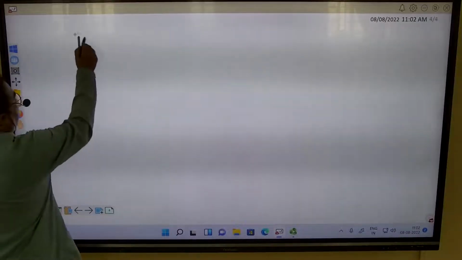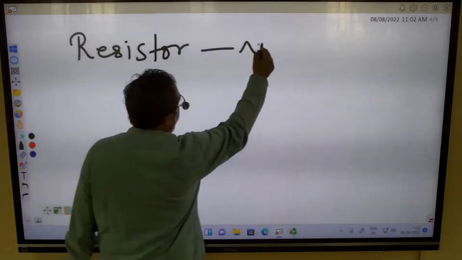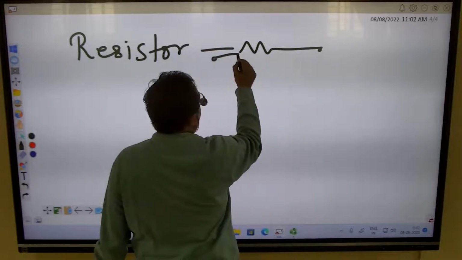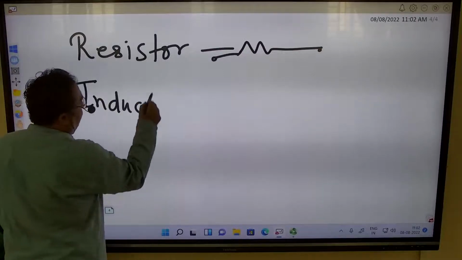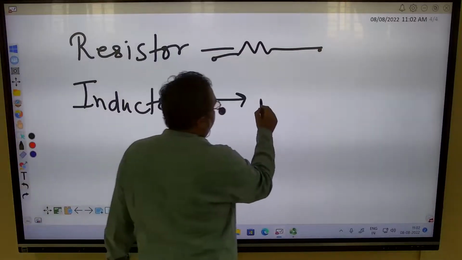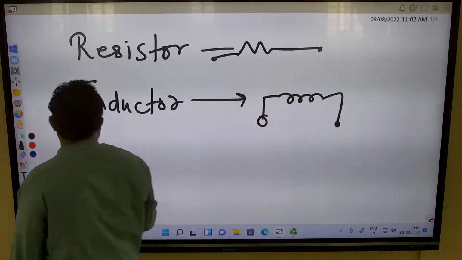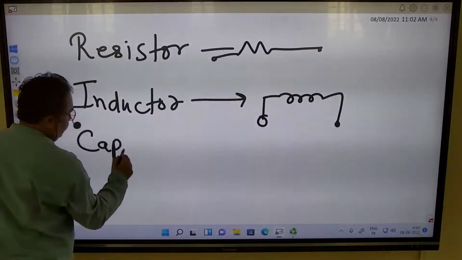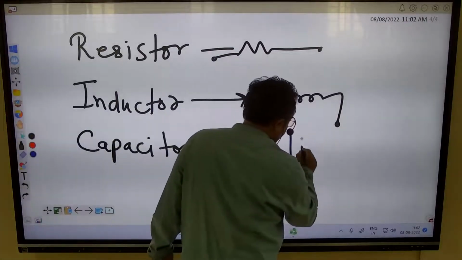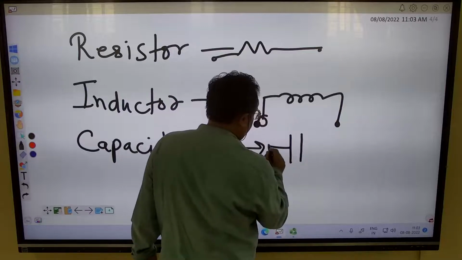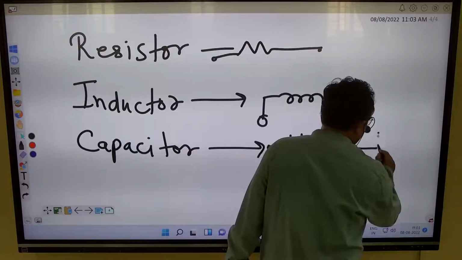So your resistor, then what is the next element? Inductor. And what is your capacitor? In some books you will also find this symbol.